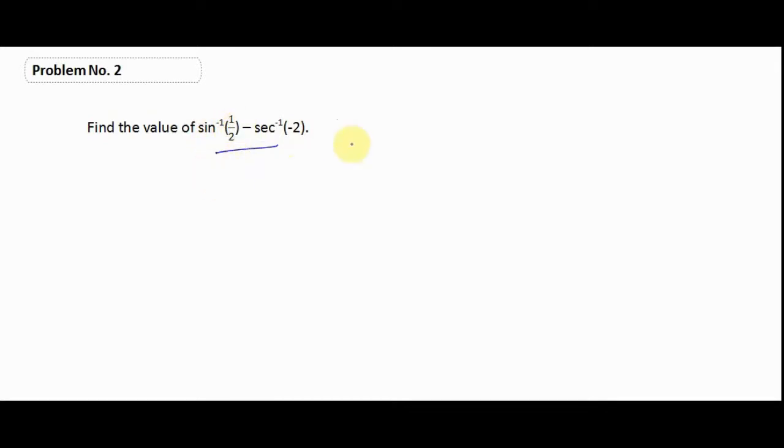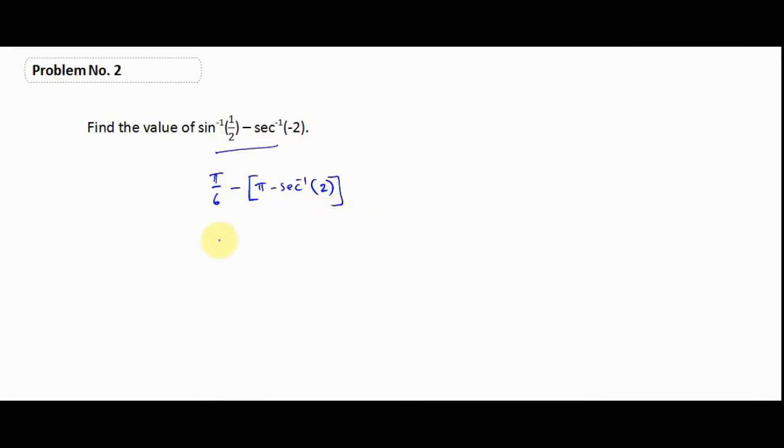Sine inverse of 1 by 2 will be equal to pi by 6, that is 30 degrees. Minus sec inverse of minus 2 may be rewritten as pi minus sec inverse of 2, and this value sec inverse of 2 can be written as cos inverse of 1 by 2.